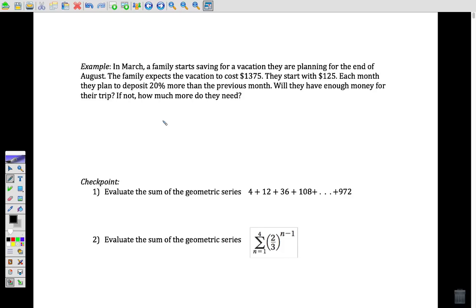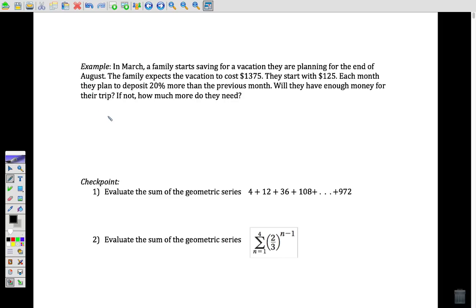Now notice the difference between this example and the ones we did with geometric sequences. This isn't asking how much money are they going to save in the month of August. It's asking in total, how much have they saved? So that's why you want to think series versus sequence, because you're adding all these months together, because what they save is the sum of all those months added together.